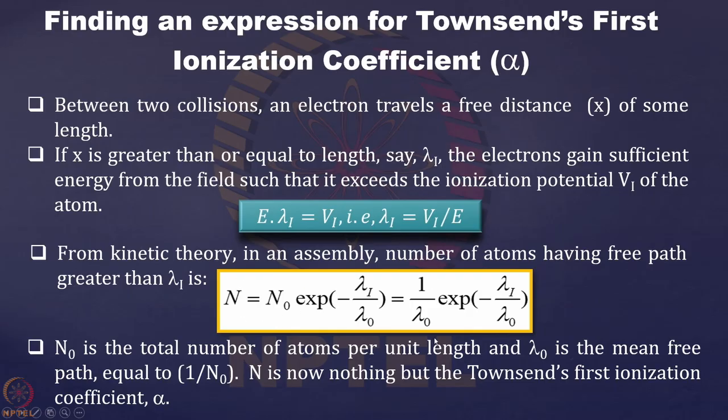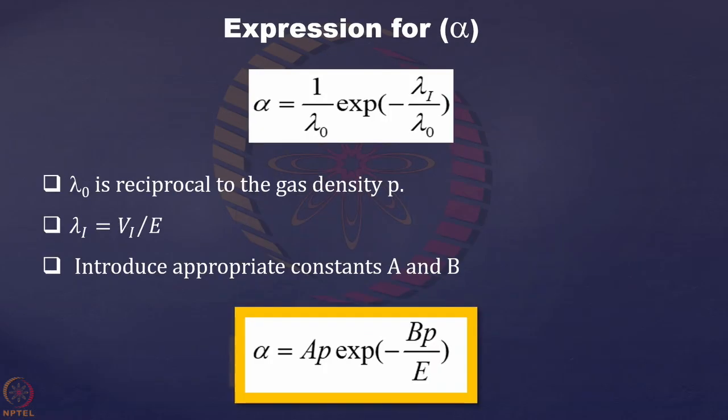You remember that we are considering N0 per unit length. So that is how N0 equals 1 by lambda 0, and then this exponential is there, and lambda is, as I told, Vi by E. So we just put this value over there, and we get the expression for Townsend's fast ionization coefficient as 1 by lambda 0 exponential minus lambda I by lambda 0.